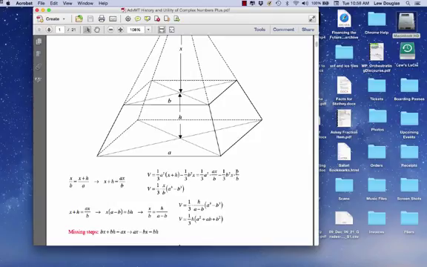Then we're just multiplying by b over b to get a common denominator of b. And then if you put that together, you get this, x over b. But then x over b from this part is equal to h over a minus b. And so that's what's substituted here.